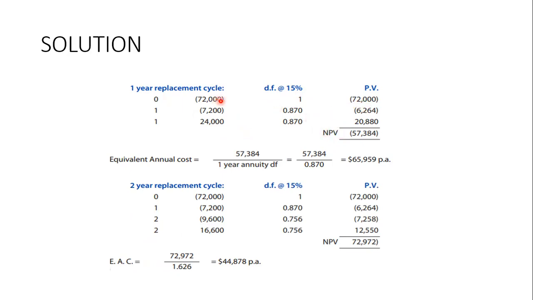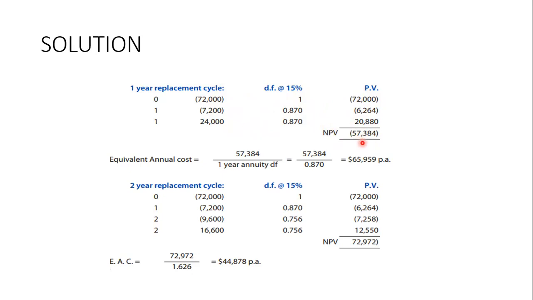For year 0, the discount factor is always 1, multiplied by the cash flow of 72,000. Year 1 is your discount factor multiplied by that. And then for the scrap value of 24,000, you multiply by the discount factor, and you get your NPV.